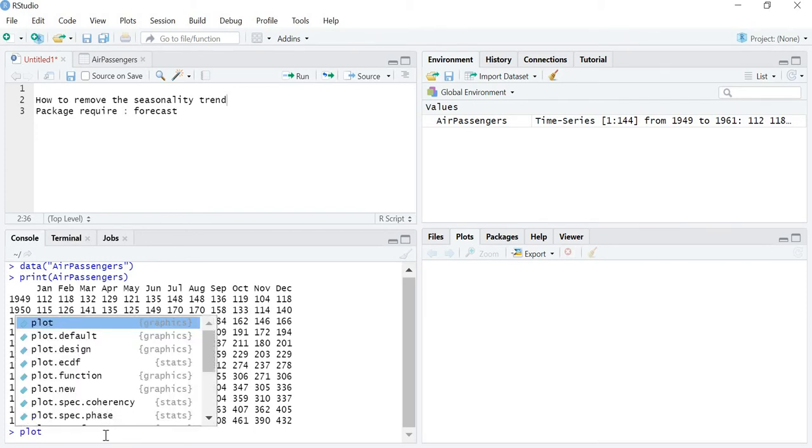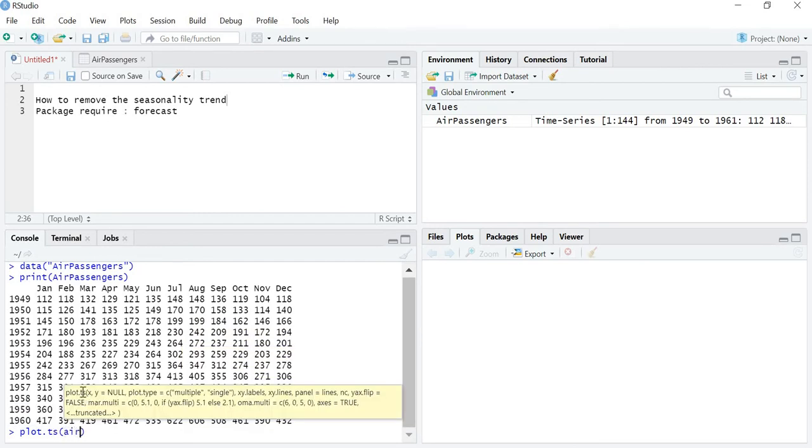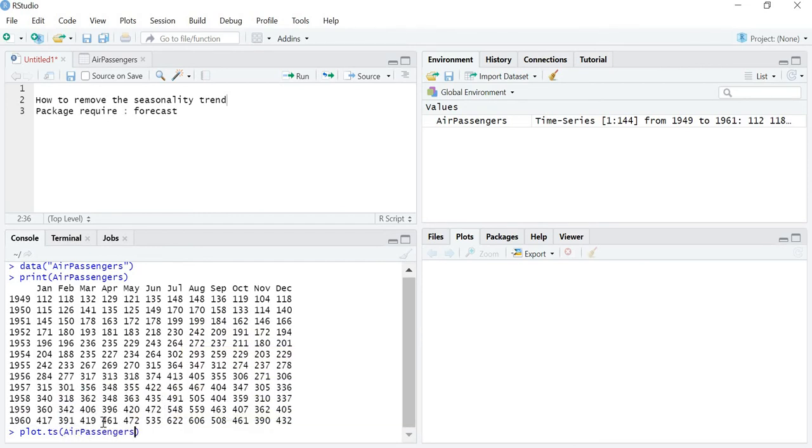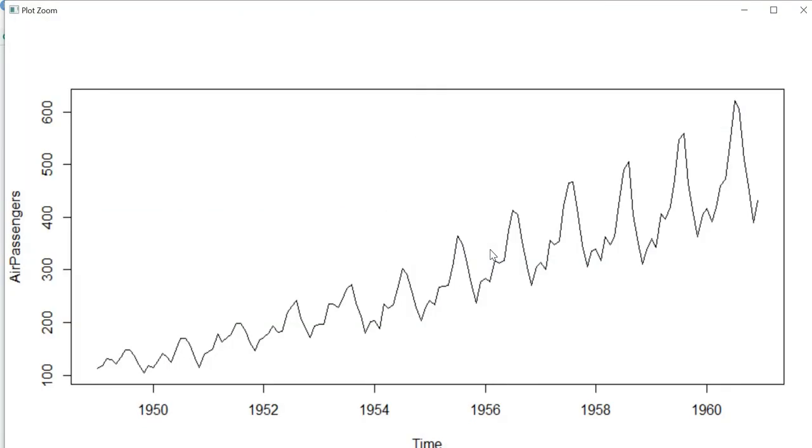So plot.ts(AirPassengers). Now you can see in this diagram that a repeated pattern is there. That means the seasonality trend is there. The graph is moving upward, so we can say trend is there, and that too the trend is repeating year after year.